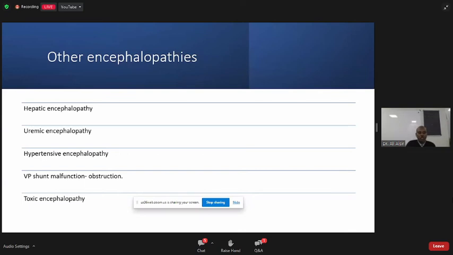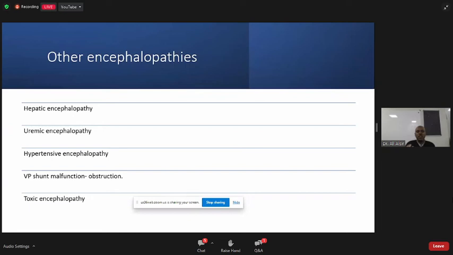VP shunt: any patient with a VP shunt who presents with encephalopathy, you have to make sure that this patient has no VP shunt malfunction or VP shunt obstruction. And usually they present with lethargic features with variable encephalopathy.